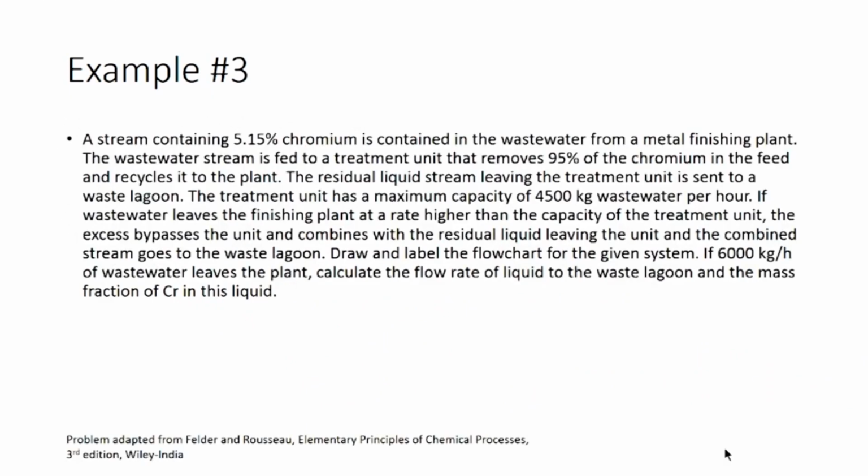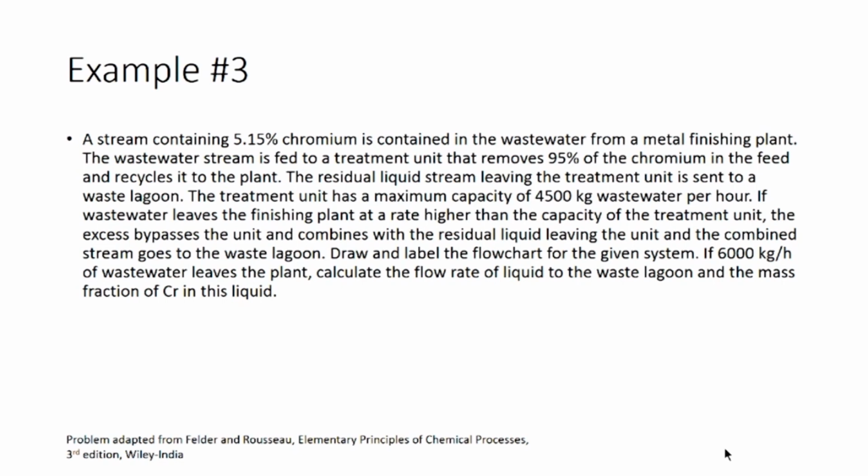Here is the third example problem. A stream containing 5.15% chromium is contained in the wastewater from a metal finishing plant. The wastewater stream is fed to a treatment unit that removes 95% of the chromium in the feed and recycles it to the plant. The residual liquid stream leaving the treatment unit is sent to a waste lagoon. The treatment unit has a maximum capacity of 4500 kilograms of wastewater per hour.